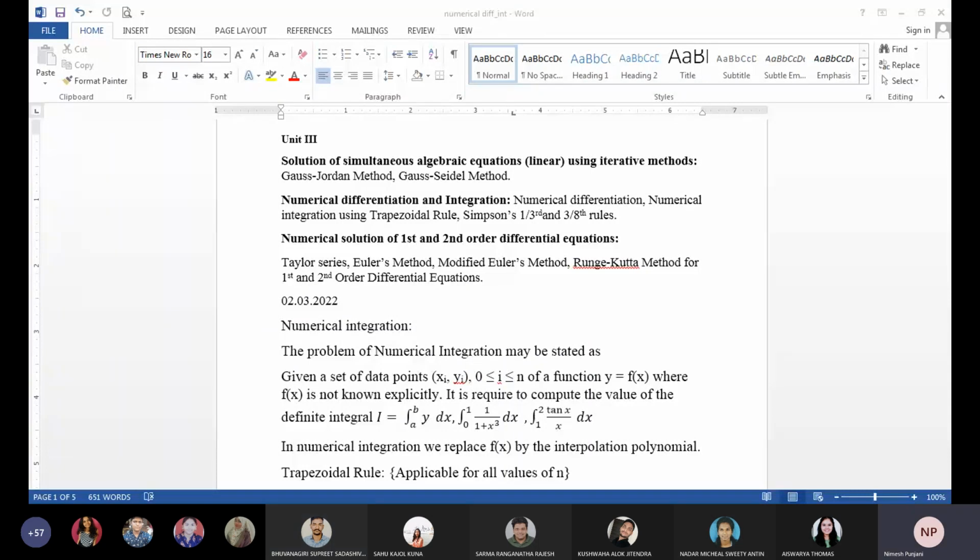So when i is varying from 0 to 2, you get 3 points. Your points will be x0, y0, x1, y1 and x2, y2.